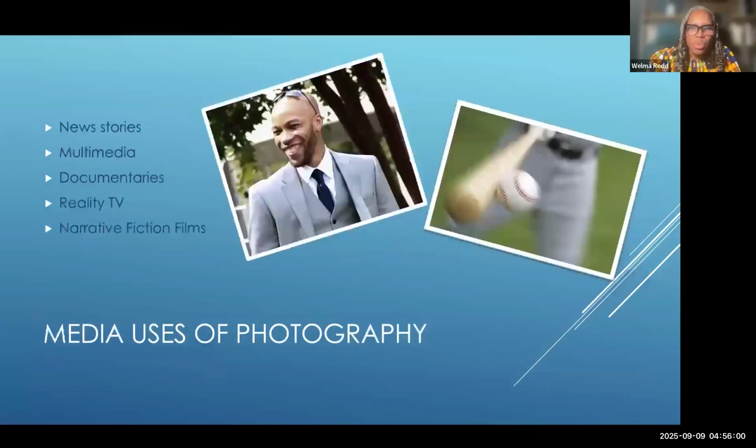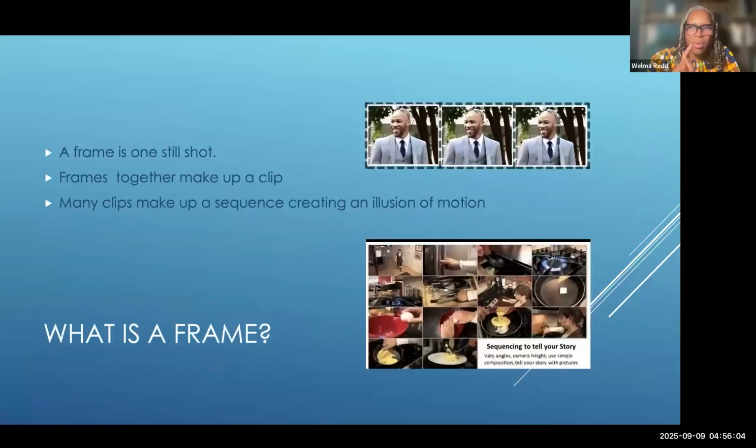I would like to go on to talk about the one shot. One shot is a frame. When you put several frames together, you get a clip. And when you put several clips together, you get a sequence.